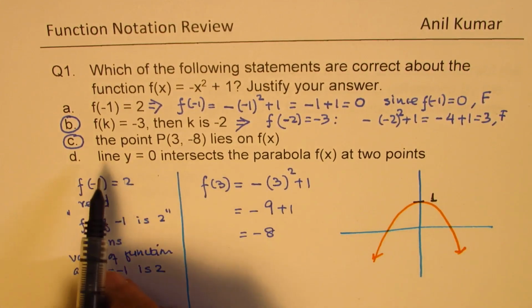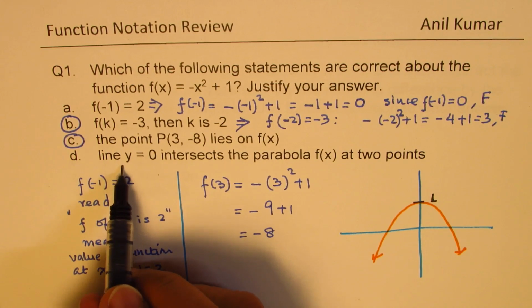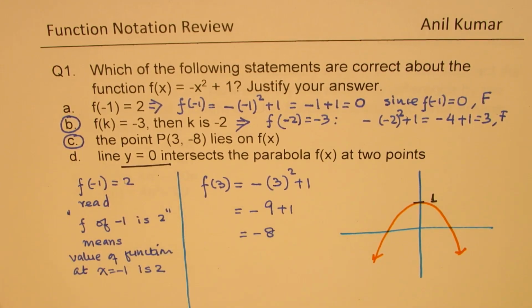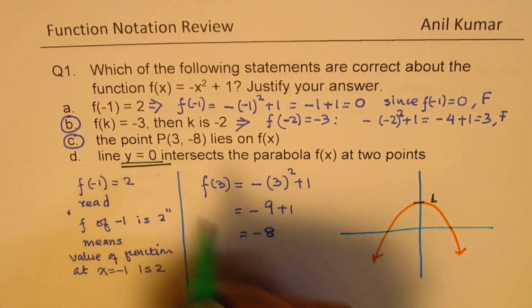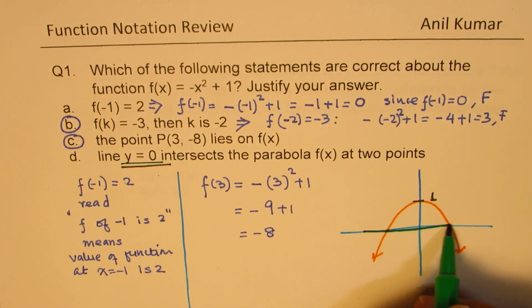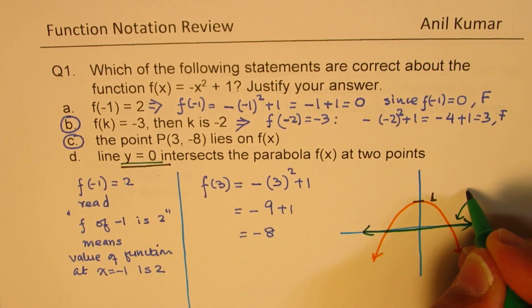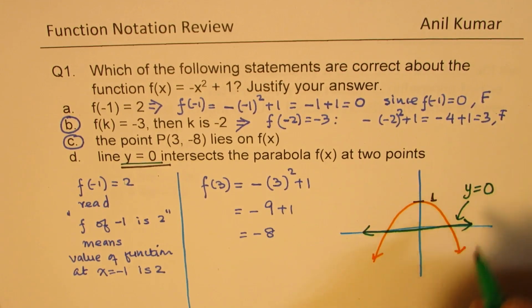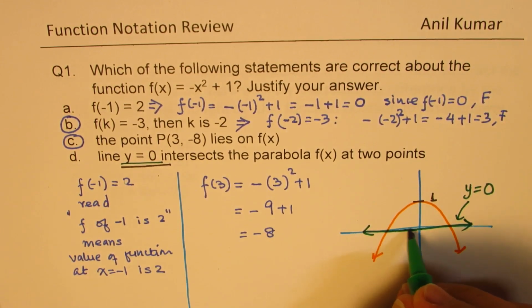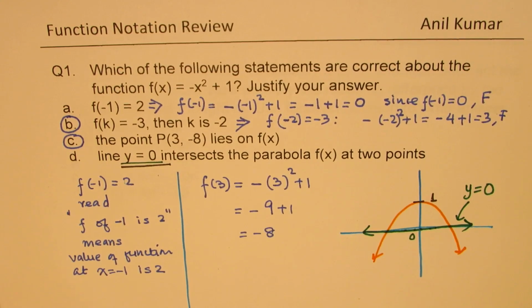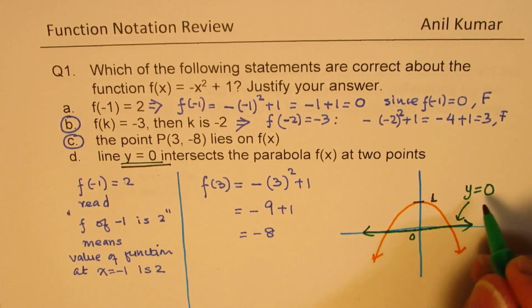What is the line y equals 0? y equals 0 is the x-axis. At every point on this line, the value of y is 0.